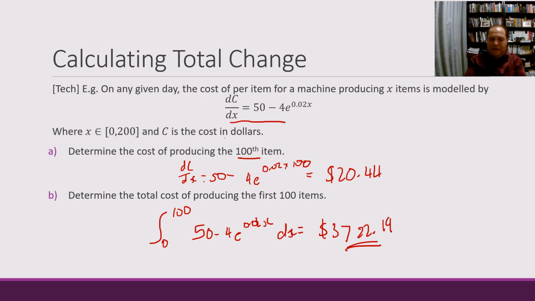So significantly more for 100 pieces, but that number makes sense. We're just adding together all of those marginal costs for the first 100 devices or machines that are being made, and that integration sign, that operation, helps us add all of those together.